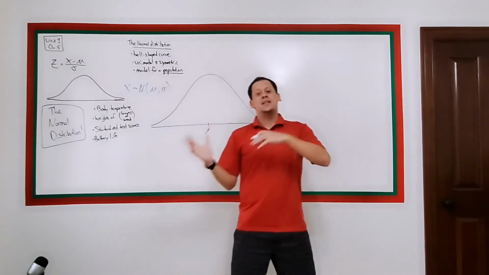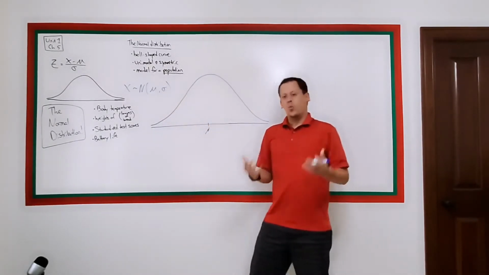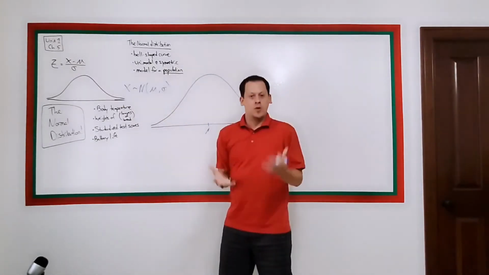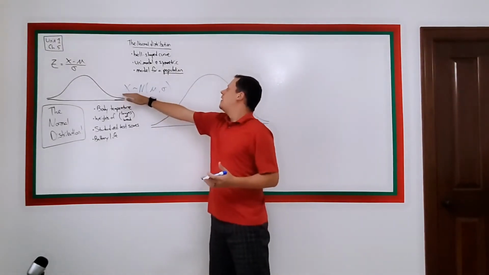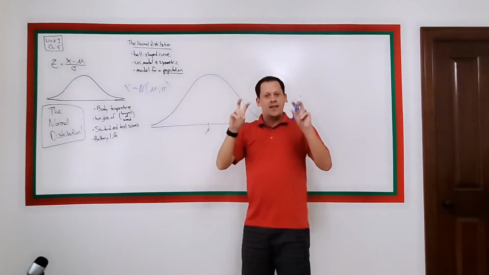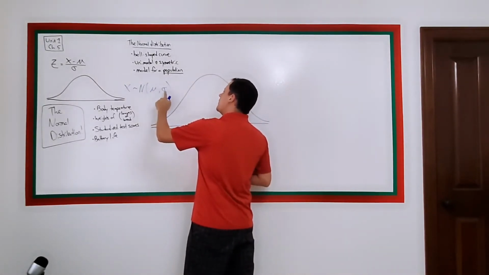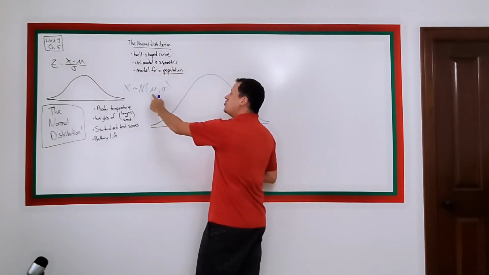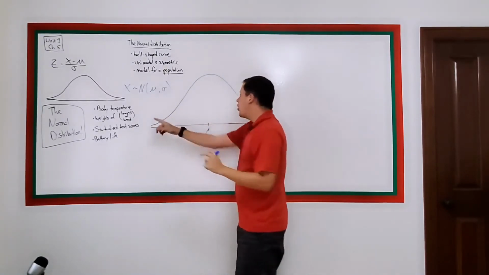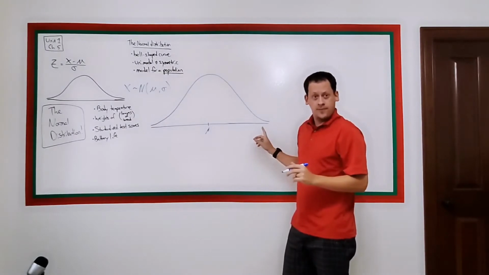As we look at examples in a little bit, we will see what this looks like for a real variable. But in general, this is how we define the model, right? It's a normal distribution with a mean mu, standard deviation sigma. These two values determine what this looks like.